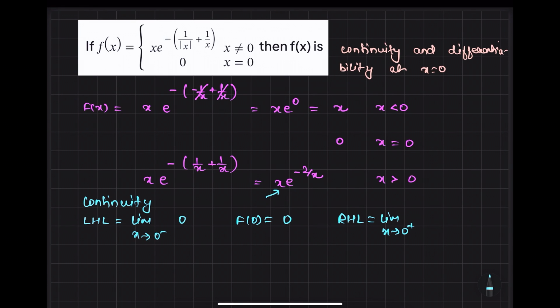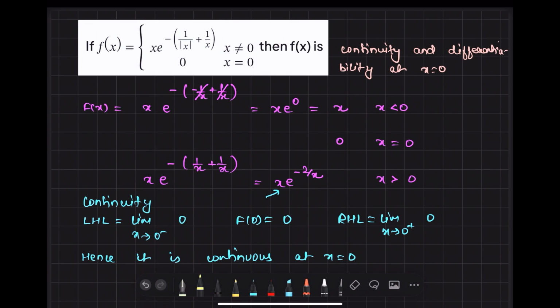So x is 0. So 0 times e power minus infinity. Okay. So it is 0 again. So the given function is continuous. Hence it is continuous at x equals 0.